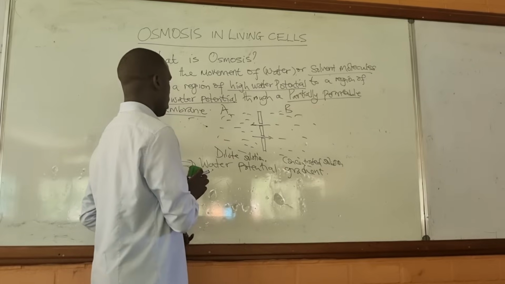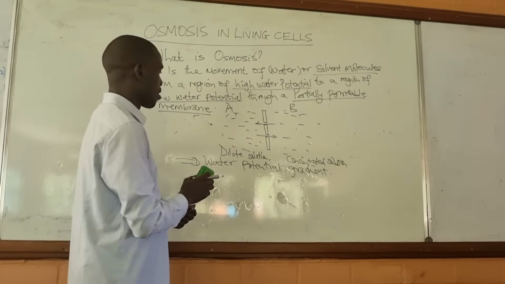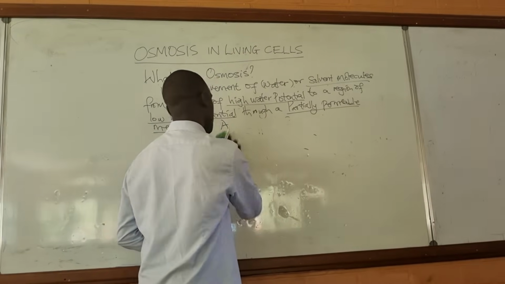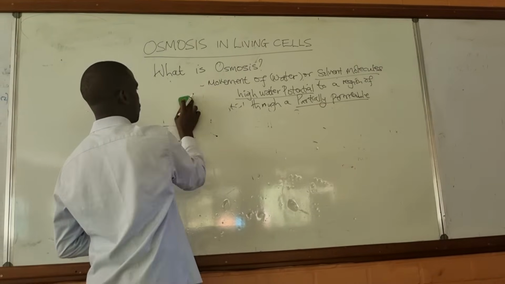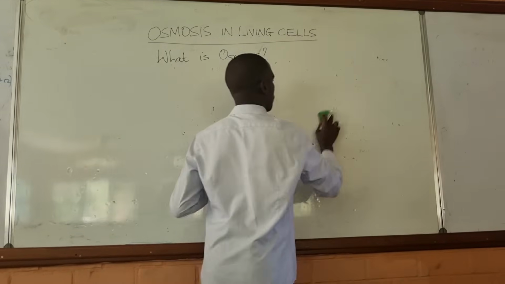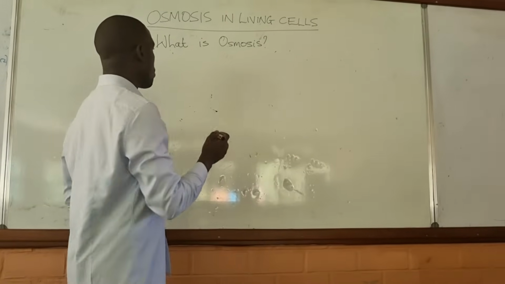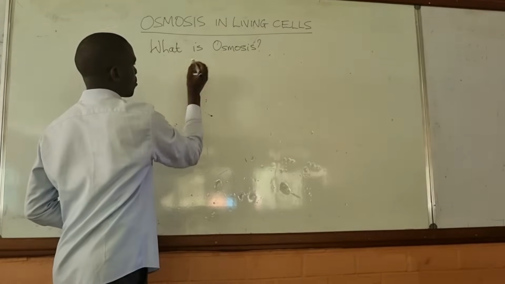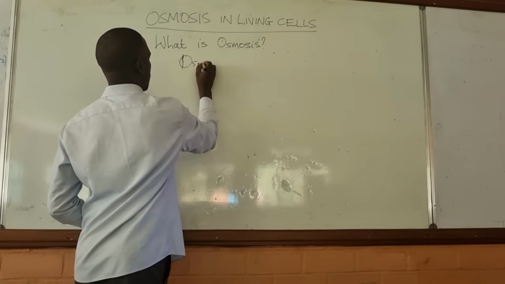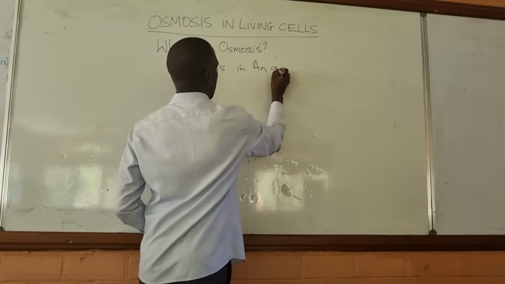So let us look at the concept of osmosis in a living cell. Take for example an animal cell. What happens if you put an animal cell in water? So we look at osmosis in an animal cell.